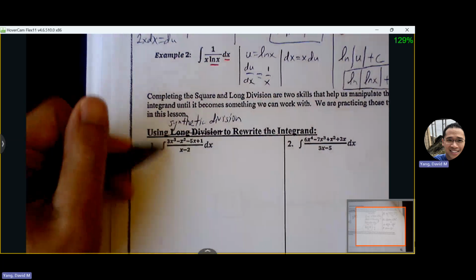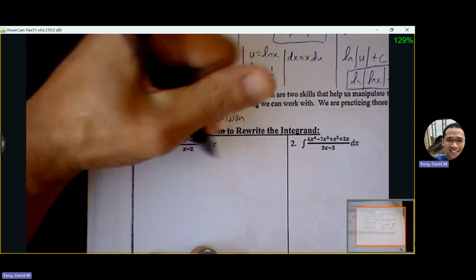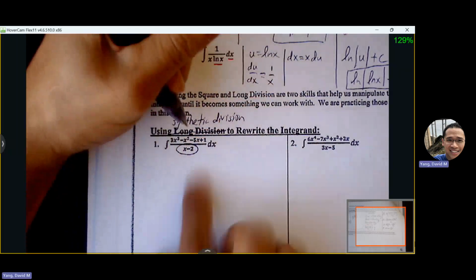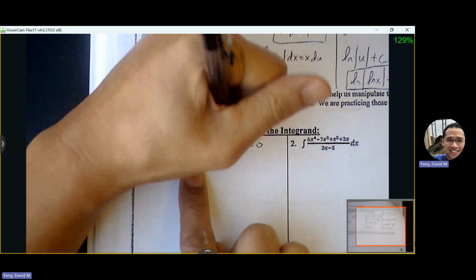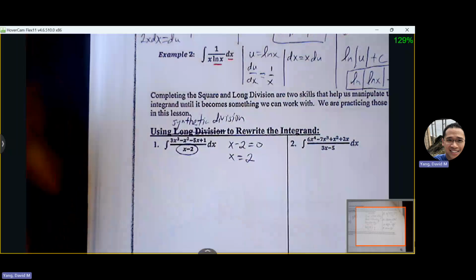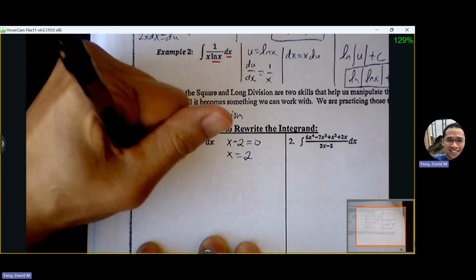So the way that we can divide this is we can go through synthetic division. The first thing you do is set the denominator equal to 0 and find a factor for that denominator. And that factor is 2. You're going to put 2 outside a half box.